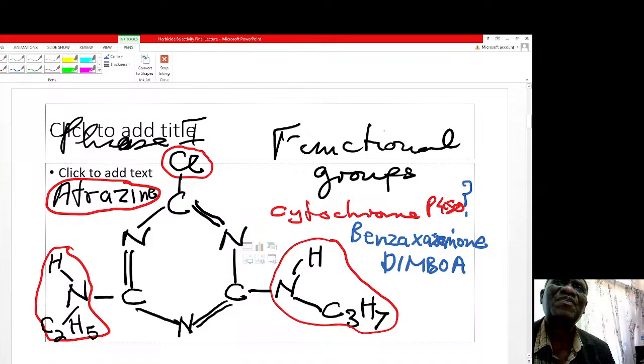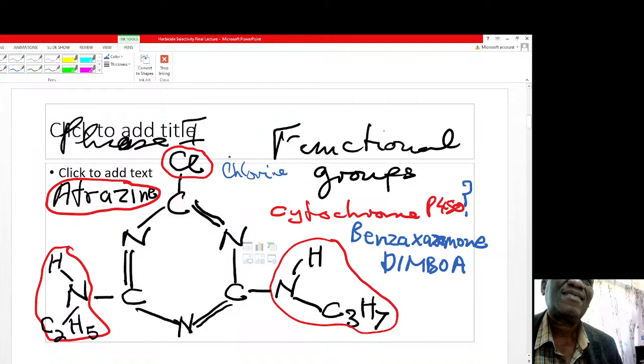Right. So what is going to happen is that either the Cl, or chlorine, this is chlorine, an OH is going to be added under the facilitation of benzoxazinone or DIMBOA to form an OH.